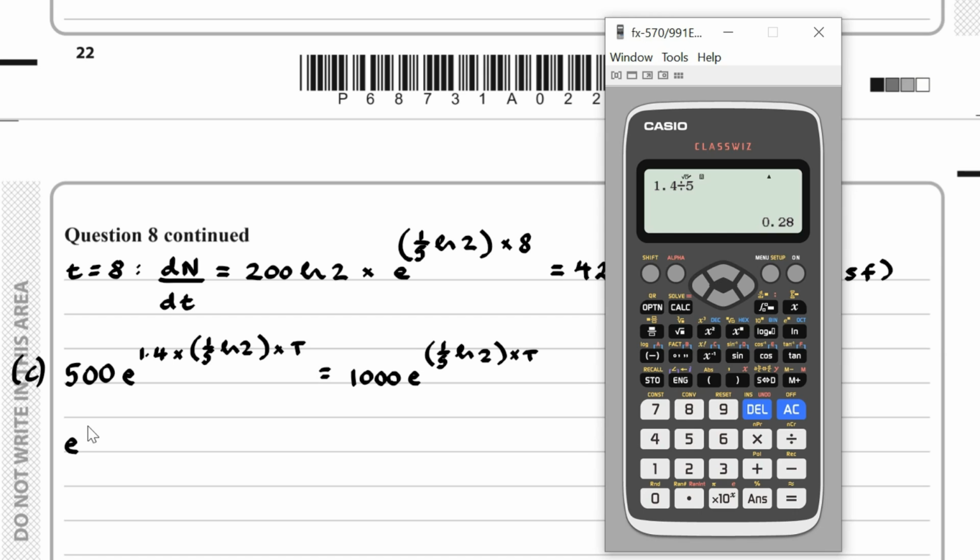So we have e to the power of 0.28 times the natural log of 2 times t. This is equal to 2e to the power of 0.2, which is the same as 1/5, times the natural log of 2 multiplied by t.